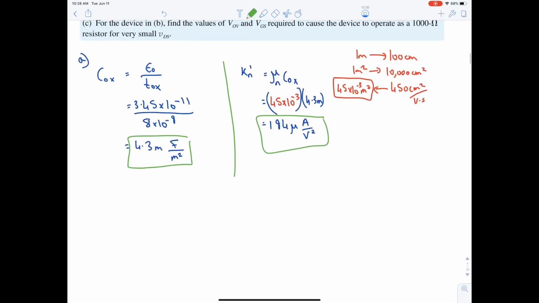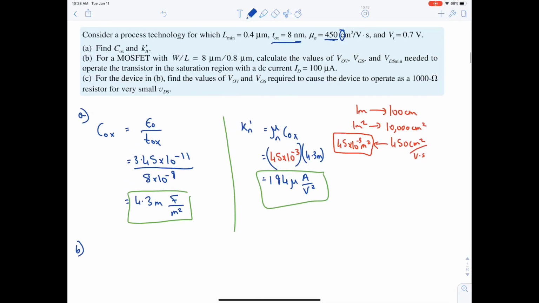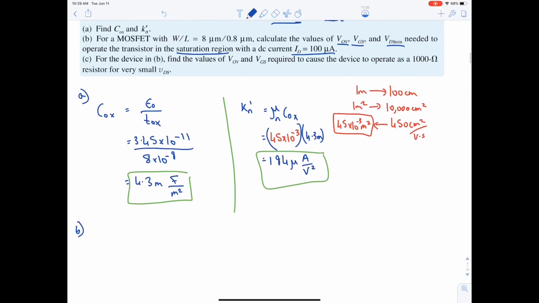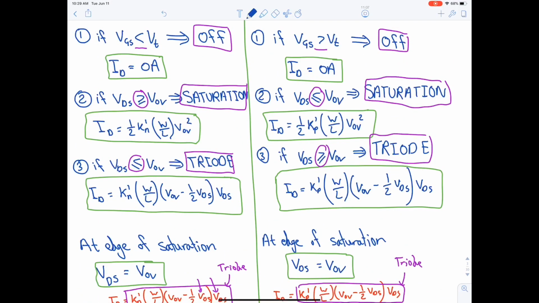Part B says, for a MOSFET with W over L equal to 8 micrometer divided by 0.8 micrometer, calculate the values of VOV, VGS, and VDS minimum needed to operate the transistor in the saturation region with a DC current ID equal to 100 micro. So how do we find VOV? You can find VOV from ID, and we are in saturation, so we have to use this ID.